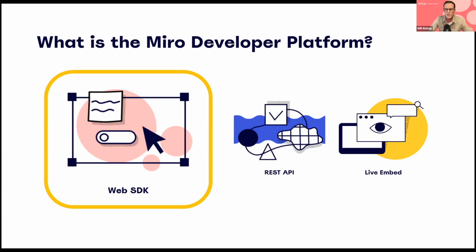Although we won't get into too much detail on our REST API and our live embed capabilities today, for those of you who are curious, you might consider these for use cases around integrating Miro with a third party or embedding Miro directly on a web page, respectively. All three of these capabilities live separately from each other in some regards, but keep in mind that these can be, and often are, used in combination to build creative solutions that leverage one, two, or perhaps all three of these. So with that in mind, let's jump into the Web SDK.